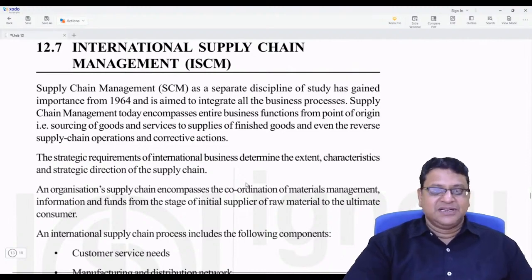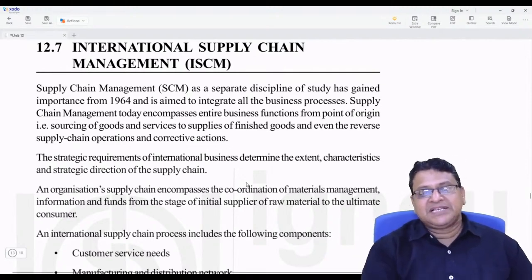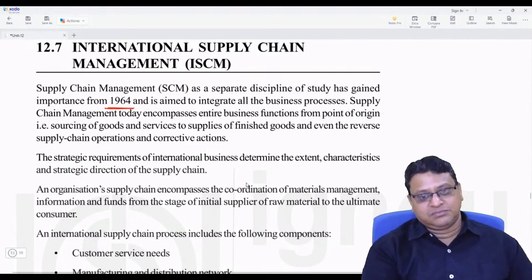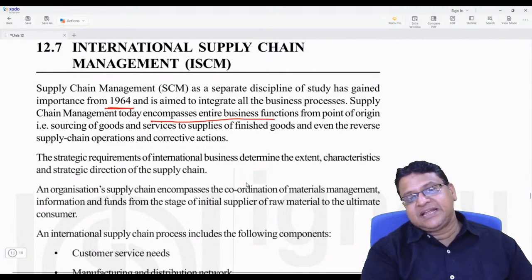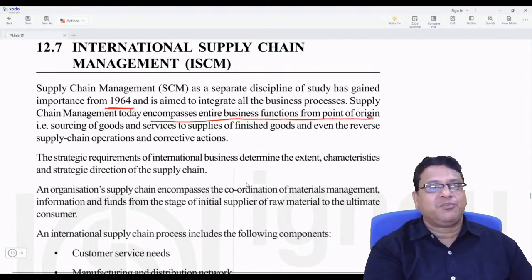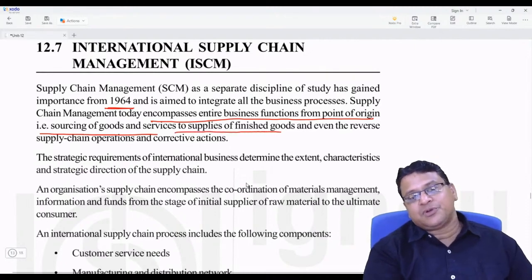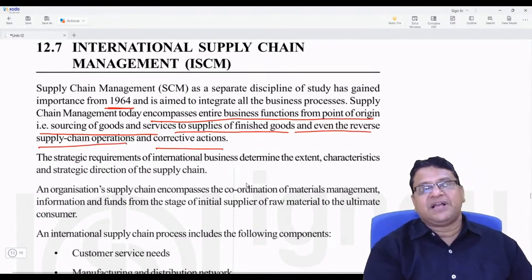Next, we will discuss international supply chain management. Supply chain management plays an important role as a discipline today. Supply chain management was started in 1964, and it encompasses the entire business function from point of origin, that is sourcing of goods or services, to point of supply of finished goods, and even reverse supply chain operations and corrective actions.